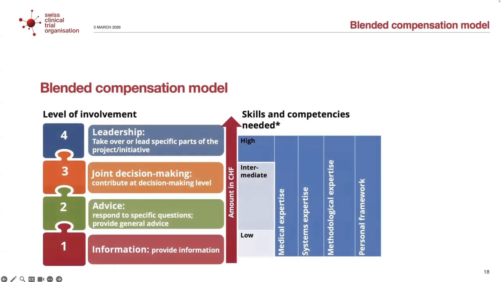So this is summarized here. We have defined 4 levels of involvement, whether it's information, advice, joint decision-making, or leadership. And we also have here, this is non-exhaustive, the skills and competencies that you might need.